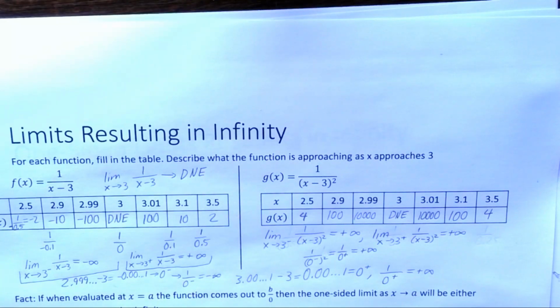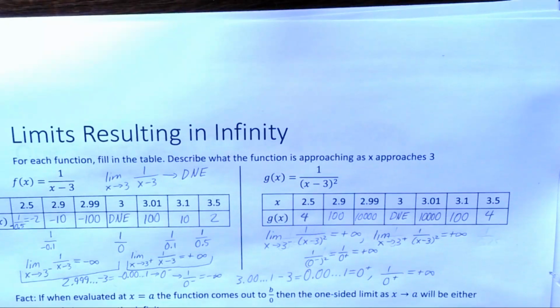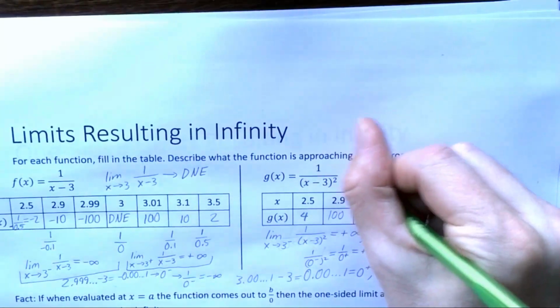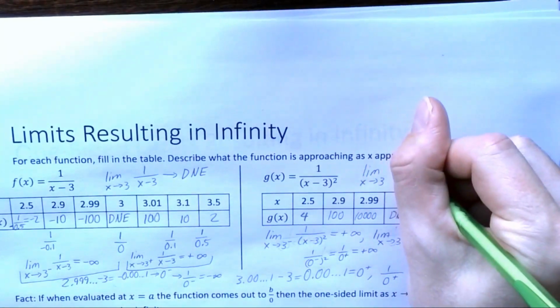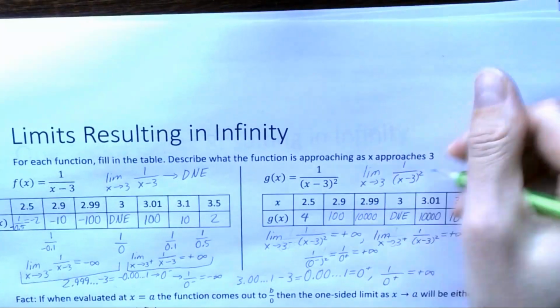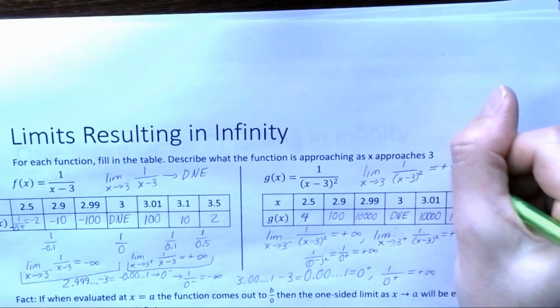Now, in this case, we have agreement. Both the limit from the left and the limit from the right are equal to infinity. And so the limit as x approaches 3 of 1 over (x minus 3) squared is positive infinity.